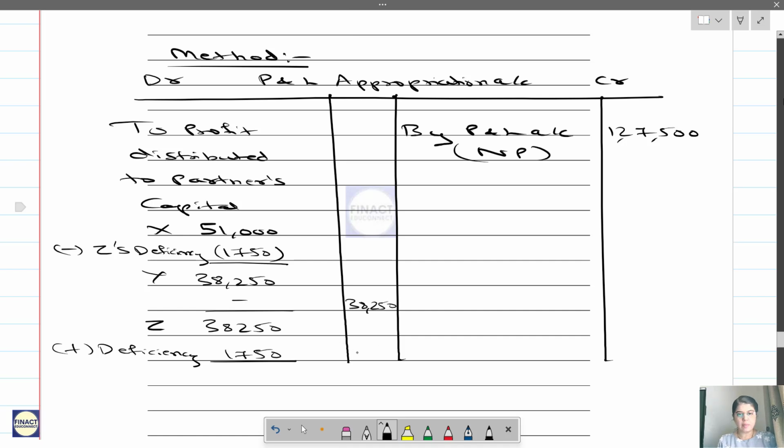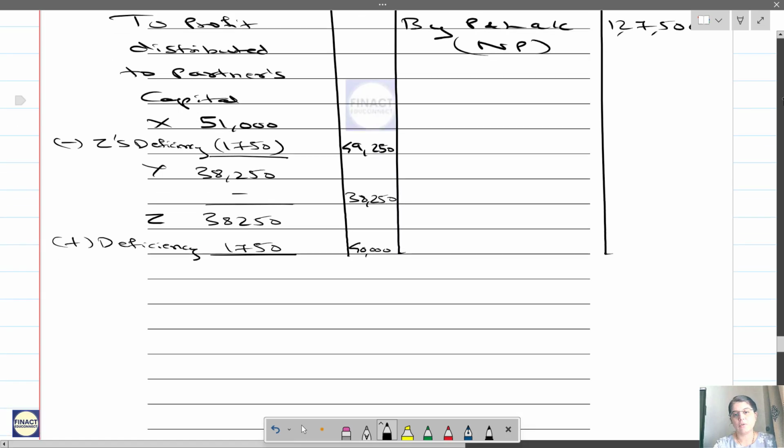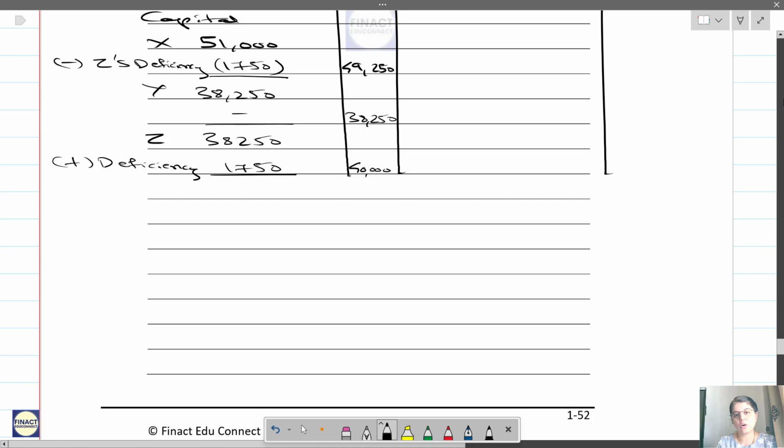For Z it will be 40,000. Correct? And X 51,000 minus 1750, so 49,250. So if you just take a total of it, it will be the same 1,27,500.